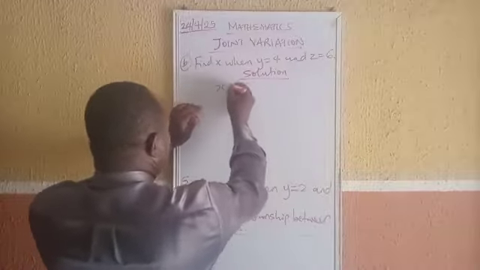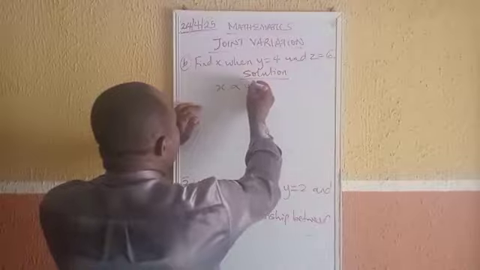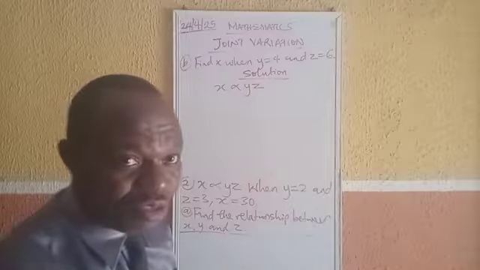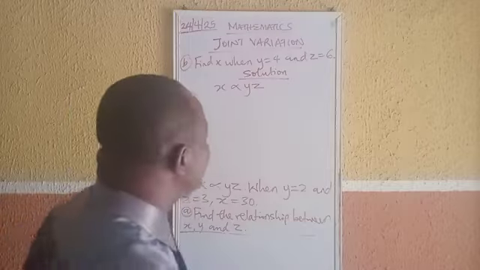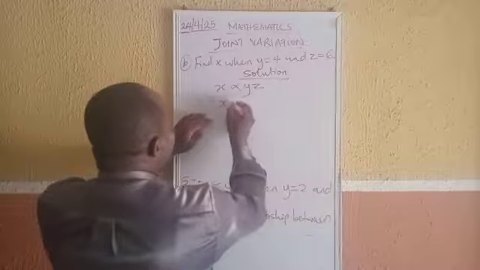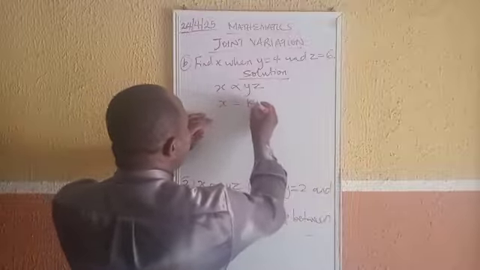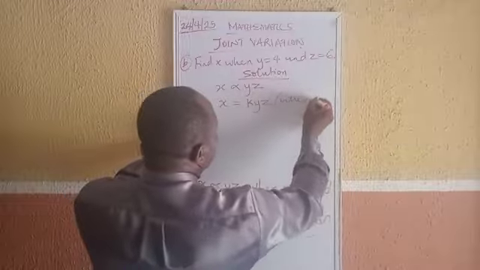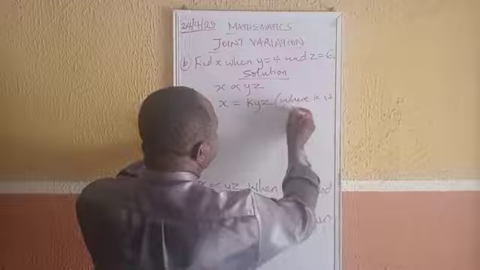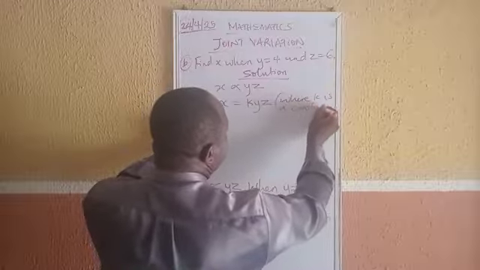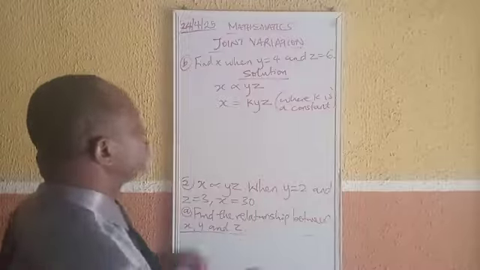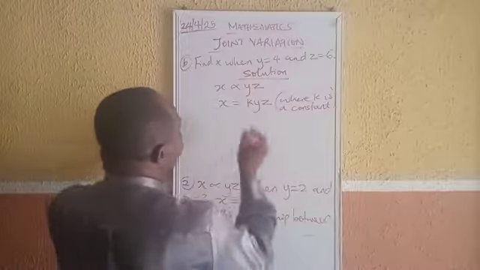So x, we are told, varies directly with y and z. The next thing is to introduce your constant k. That will be x equals kyz, where k is a constant.